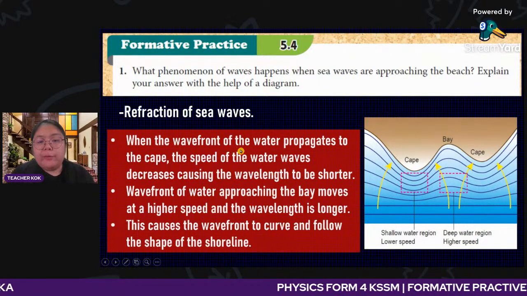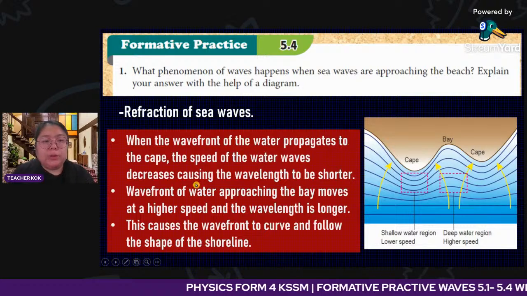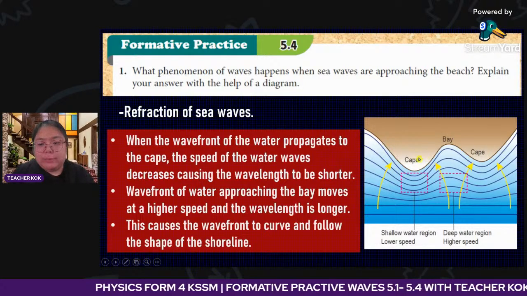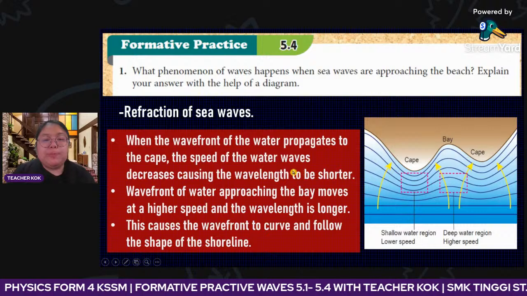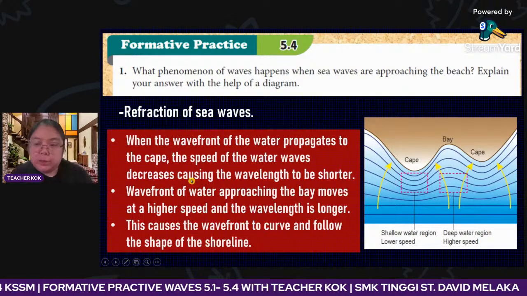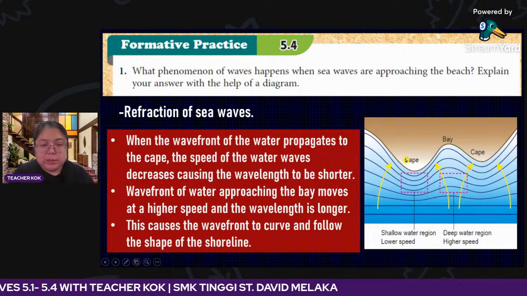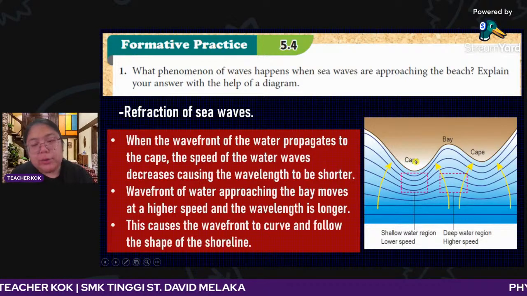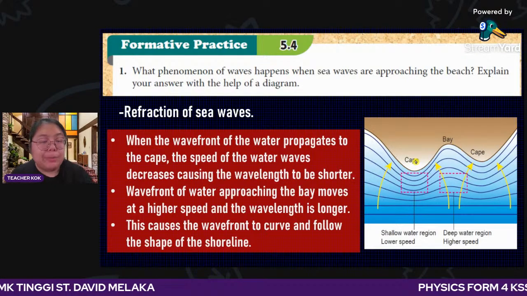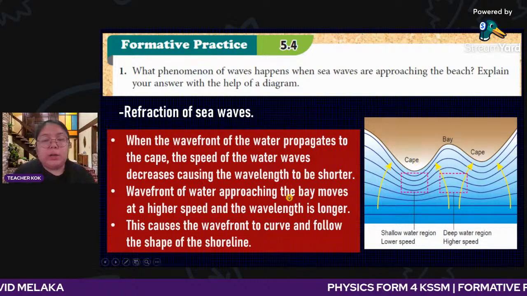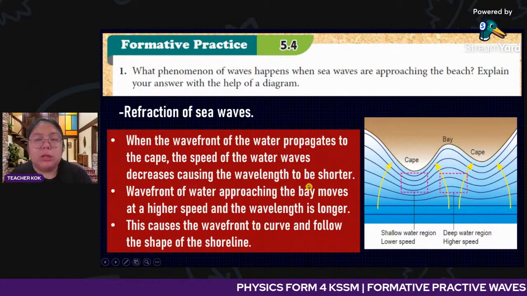When the wavefront propagates to the gap, the speed of the water wave will decrease. When the velocity decreases, lambda also decreases. So the wavelength becomes shorter.